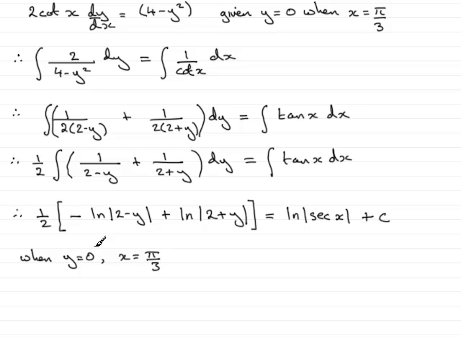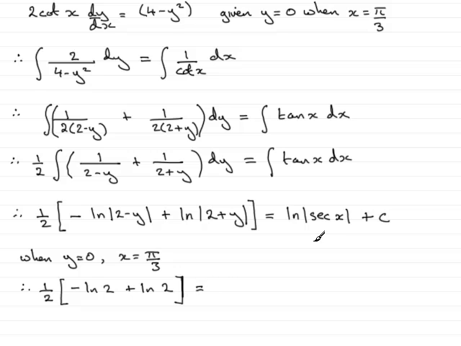So if I substitute y equals 0 into here, what we've got is a half of, now putting 0 into this, we just have minus the natural log of 2, and here we have plus the natural log of 2. I don't need mod signs anymore because these values are positive quantities, so just close that bracket off there.